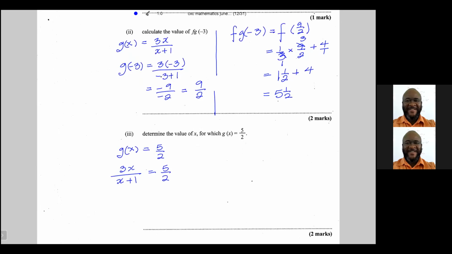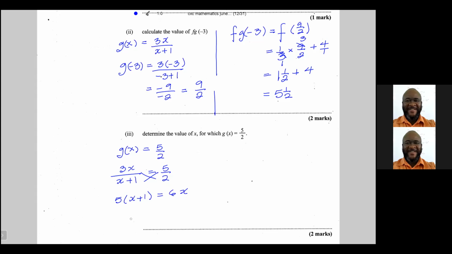Now, let's get rid of the fractions. If I have one fraction equal to one fraction, one way to get rid of the fractions is to cross multiply. So this is 5 times x plus 1 is equal to 2 times 3x, which is 6x.